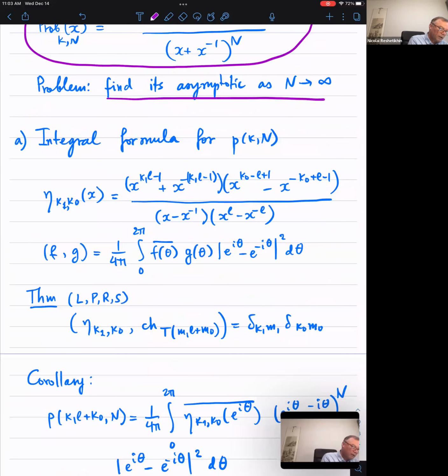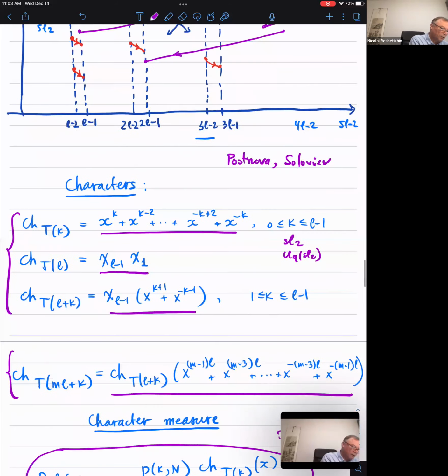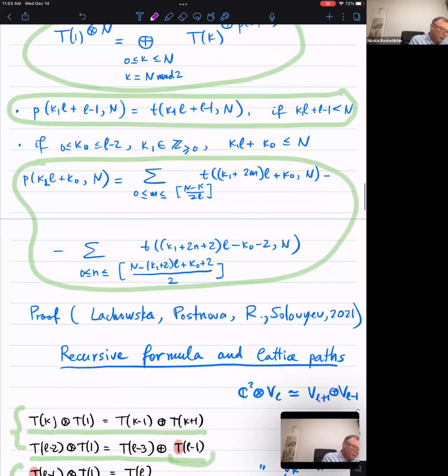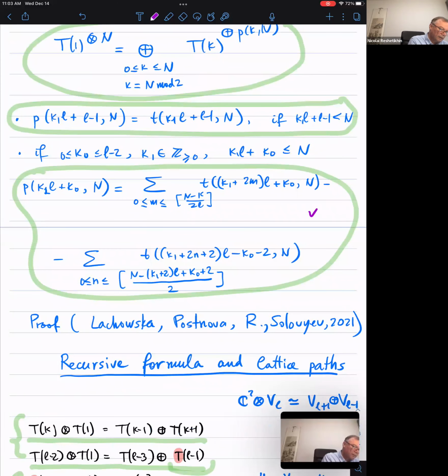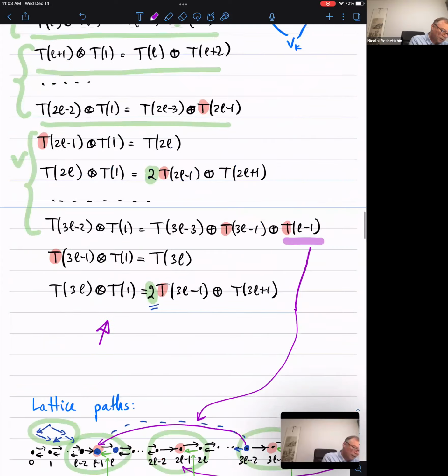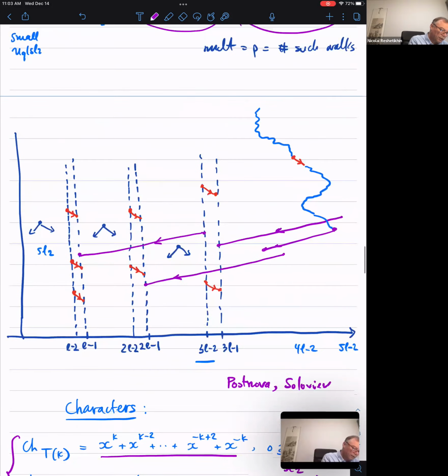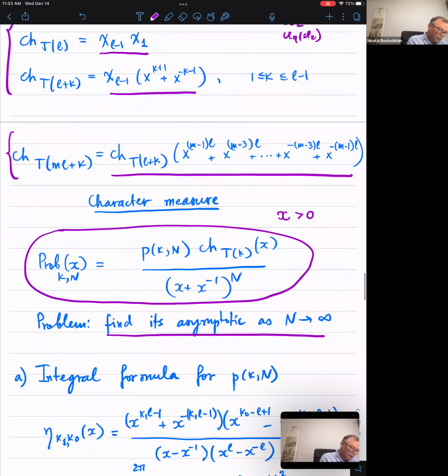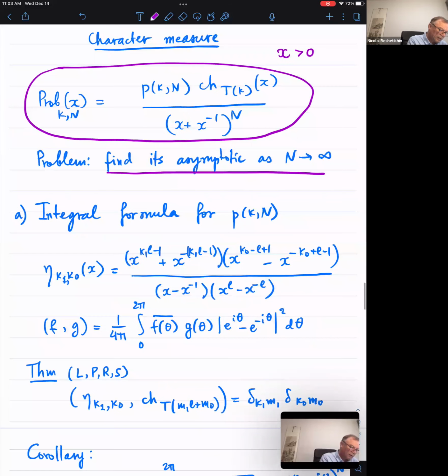Well, the other way is just to analyze combinatorially these properties, these numbers. It's not impossible, and actually this is how it was done initially in our work, and then we realized that something better can be done.